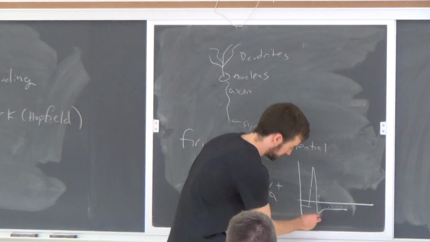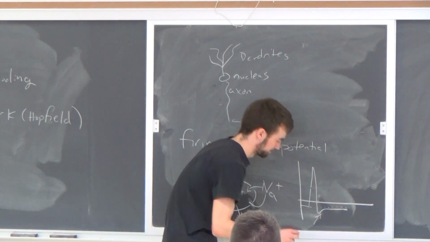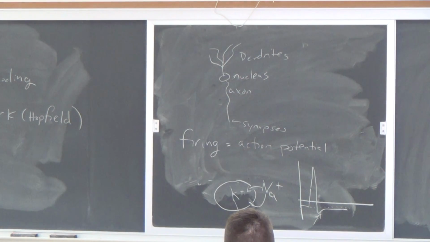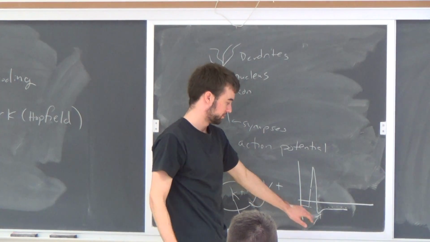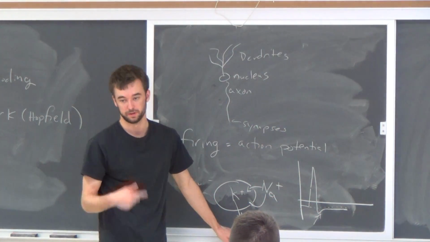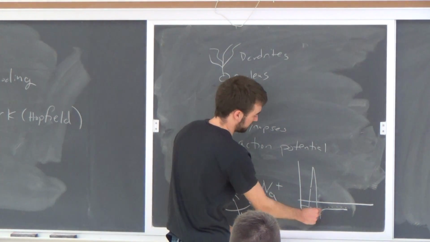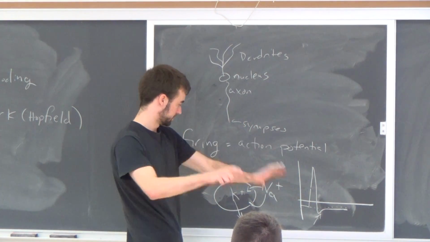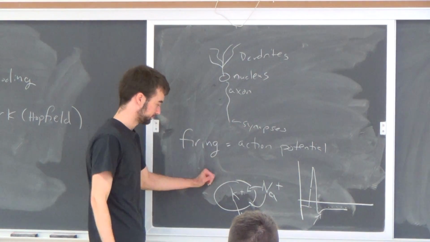And this period right here is a refractory period: for a little while the neuron can't fire, and has very low probability of firing even if you drive it really hard.